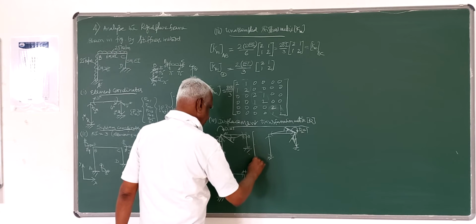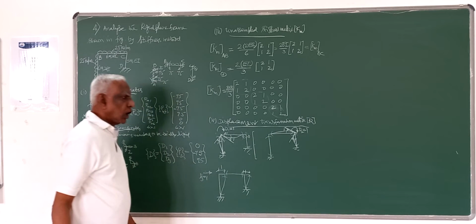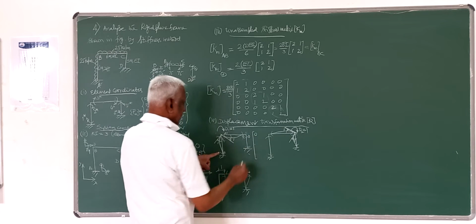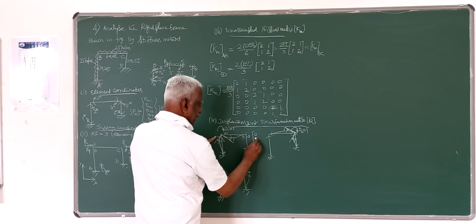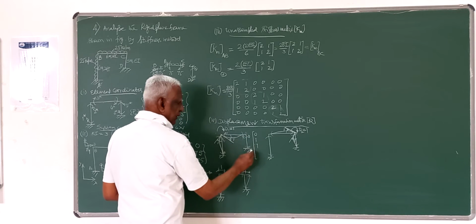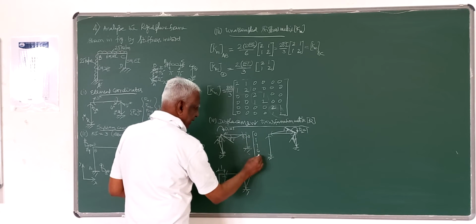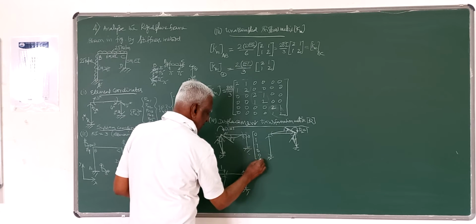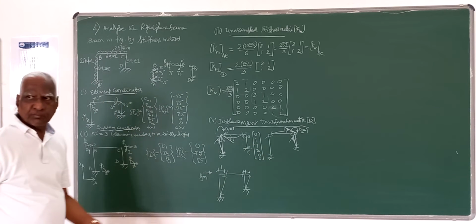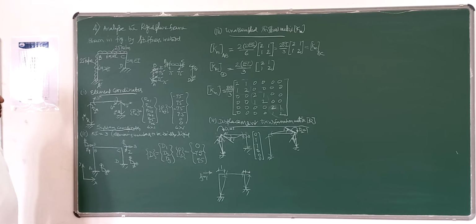So the first column of that R matrix: corresponding to 1, displacement is 0, corresponding to 2, it is 1, corresponding to 3, it is 1, corresponding to 4, 0, 5, it is 0, 6 also it is 0. So that is the first column of that displacement transformation matrix.